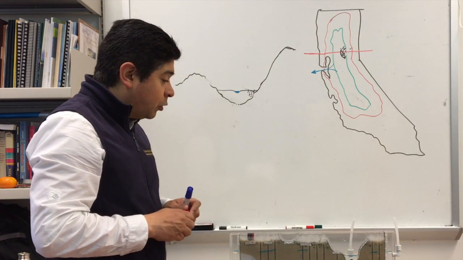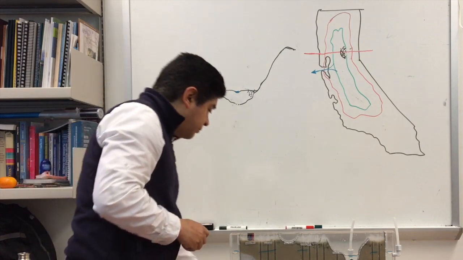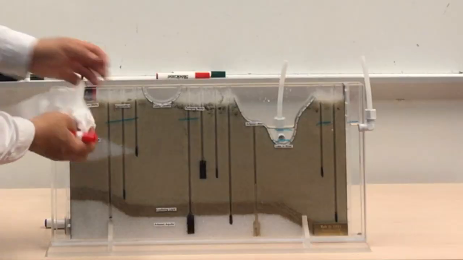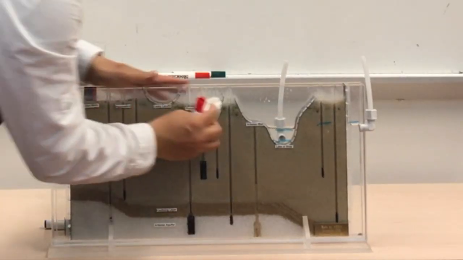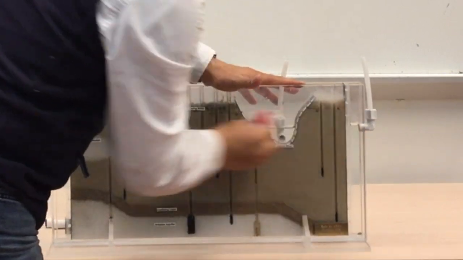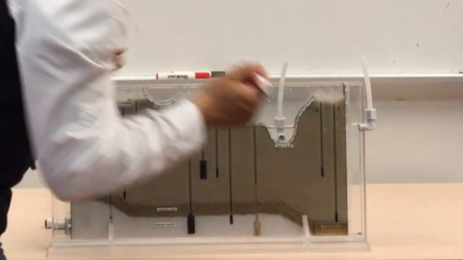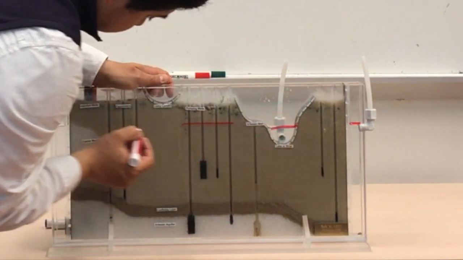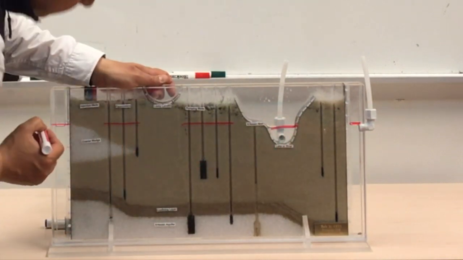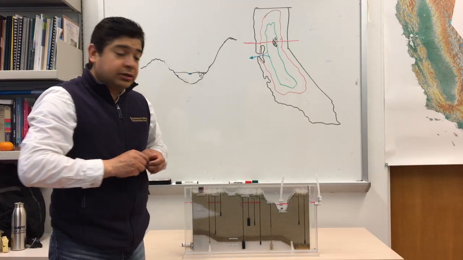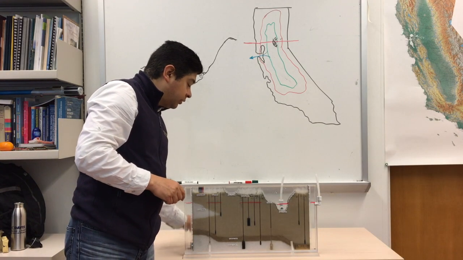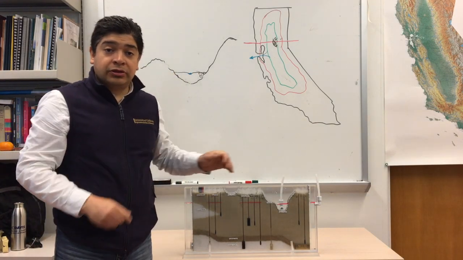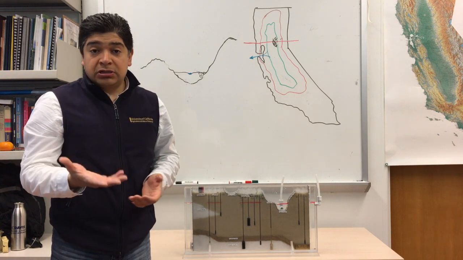Now, once again, let's mark our levels. So now that I marked the levels on our model, the other thing that happens during summer is we start using water.